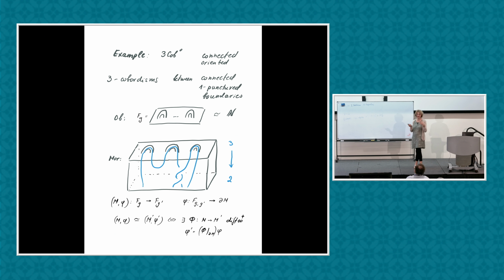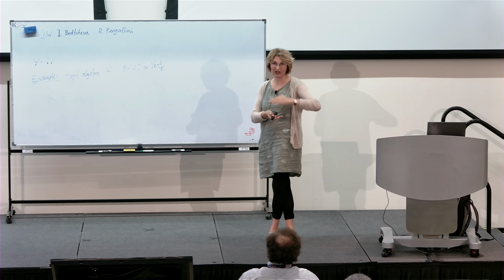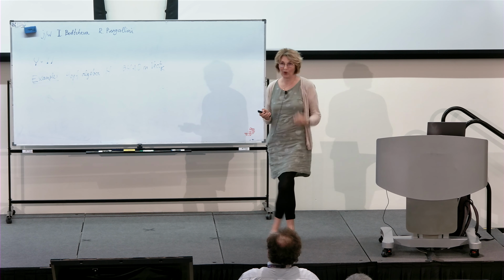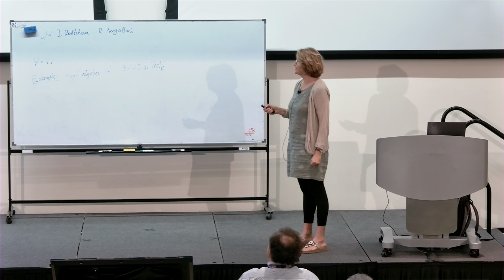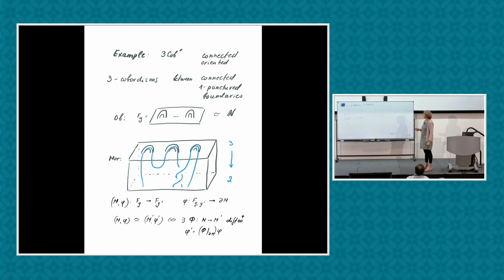It's just three-manifolds whose boundaries are connected punctured surfaces. Why am I restricted to this case? Because in this case the objects are just disks with some number of handles put on these disks. So basically you can identify objects with the set of natural numbers.